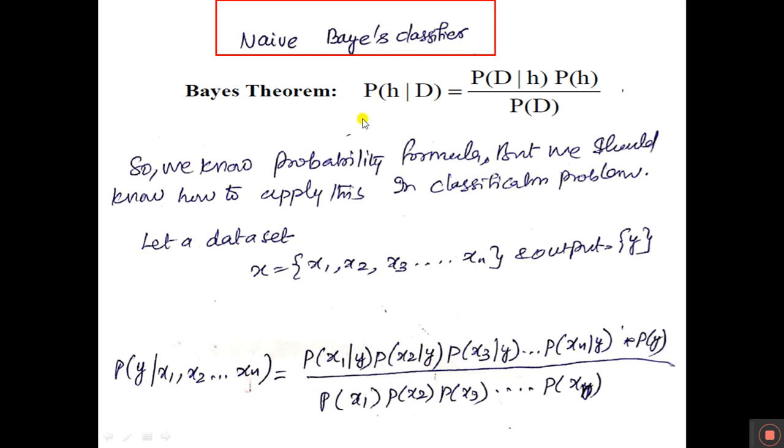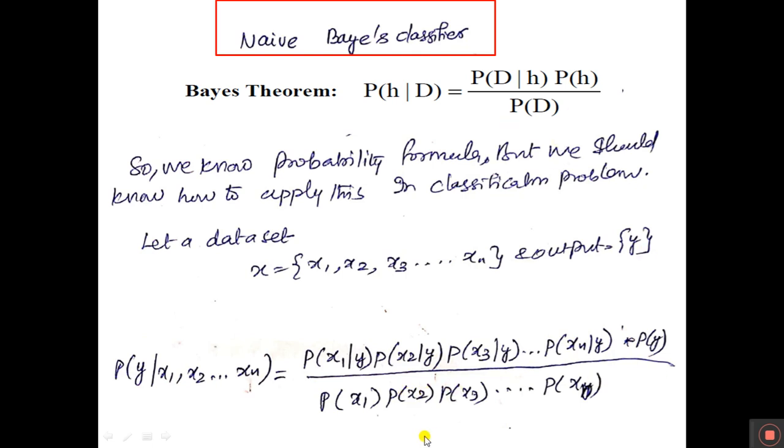See, this hypothesis I am taking as y, and the data set I am going to take as x1, x2, xn. So according to that I can write the probability of y given the data set x1, x2, xn equals the probability of x1 given y, probability of x2 given y, probability of x3 given y, up to probability of xn given y, multiplied with the probability of y, divided by the probability of the data set.